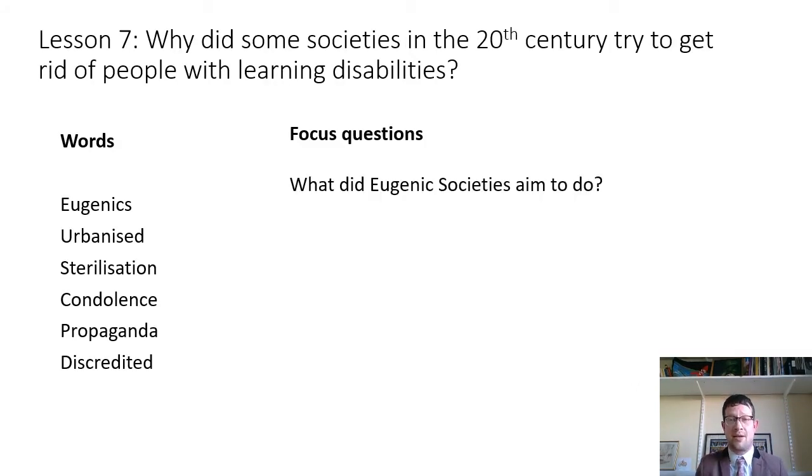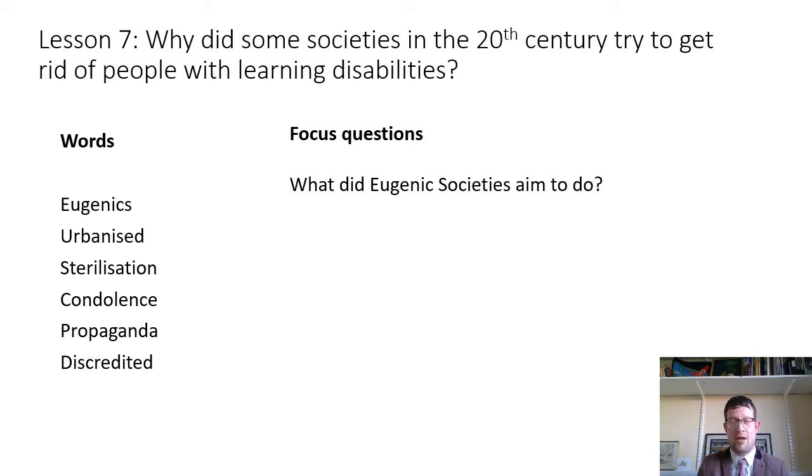Eugenic societies built on this bastardized version of Darwin's work, which I discussed in reference to the last lesson, but they had aims to try and increase the number of desirable characteristics in human beings and reduce characteristics that they believed were undesirable. Now, these ideas had existed for thousands of years, but had always been applied to animals before.